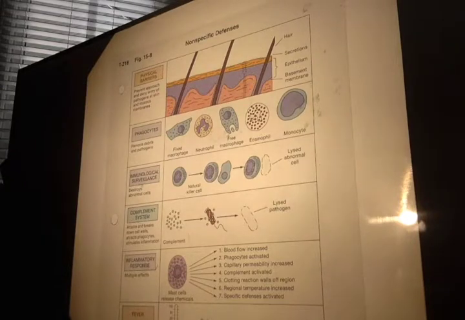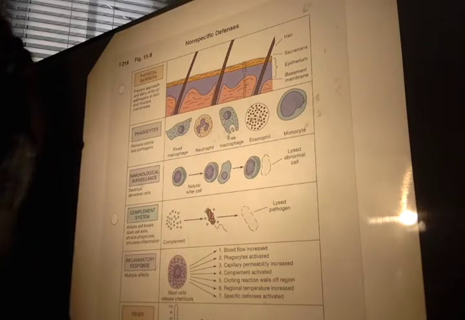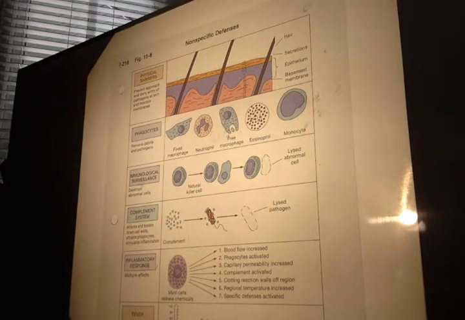No, they don't always work like that. All right, so natural killer cells are specialized for taking out cancer cells and virally infected cells. They are not phagocytic, but they are part of the non-specific immune system.